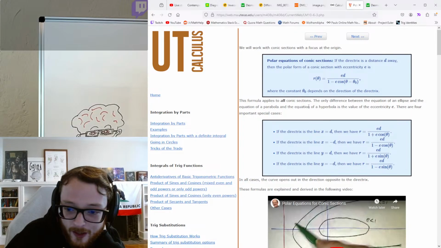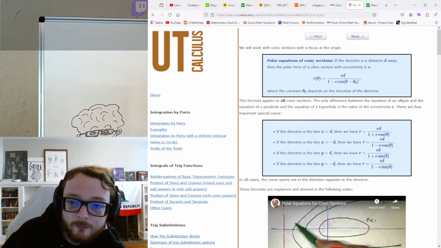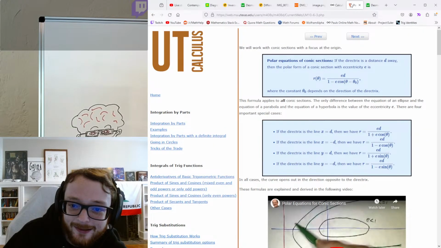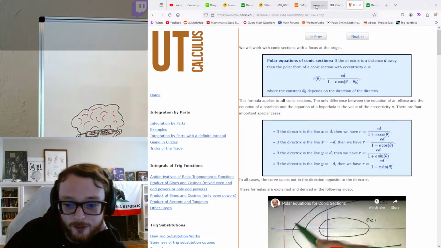Oh, I've looked at the eccentricity before, I think. Okay. The directrix is a distance d away. Constant theta is 0, depends on the direction of the directrix.